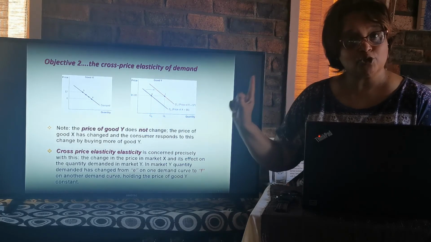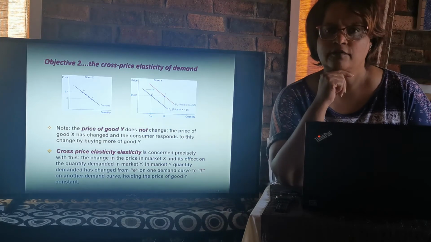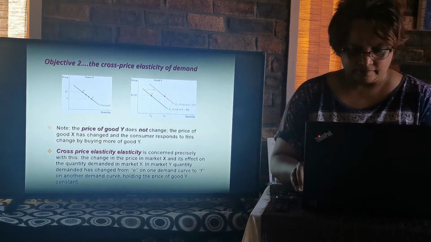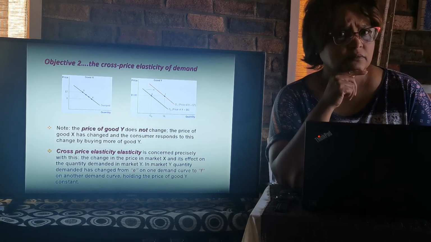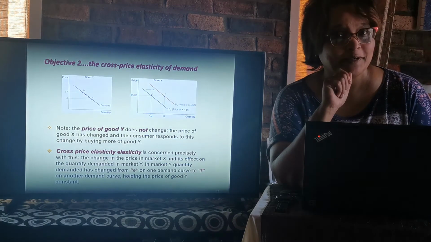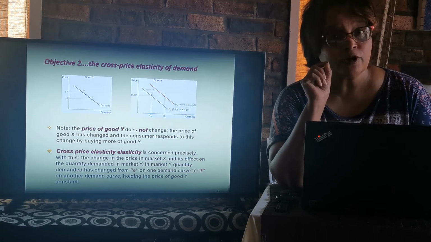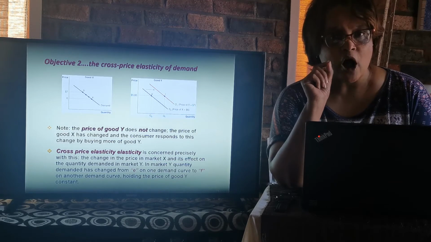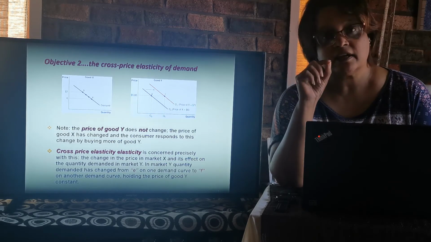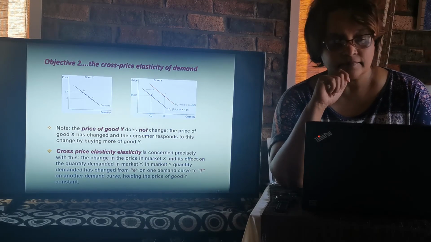That is substitute goods. Let's look at inferior goods, oops, complementary goods. One can get confused, but if you know your terminology, you will know how to get through all these graphs and your calculations.